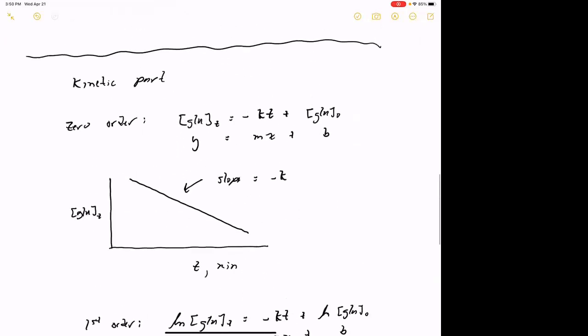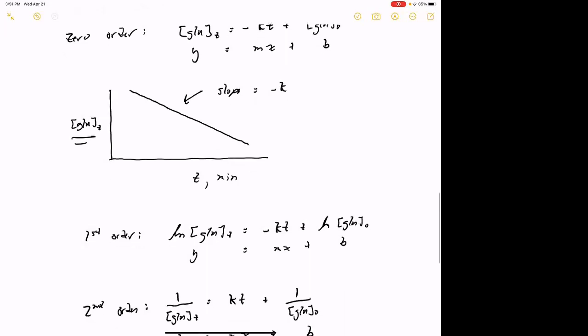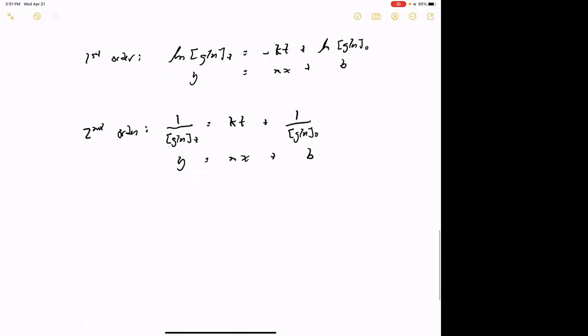Notice that no matter what we do, we need to have the time-dependent glucose data. Now what are we talking about here? We're talking about the amount, or the concentration, of glucose that is left over at any given time. So let's think about this.